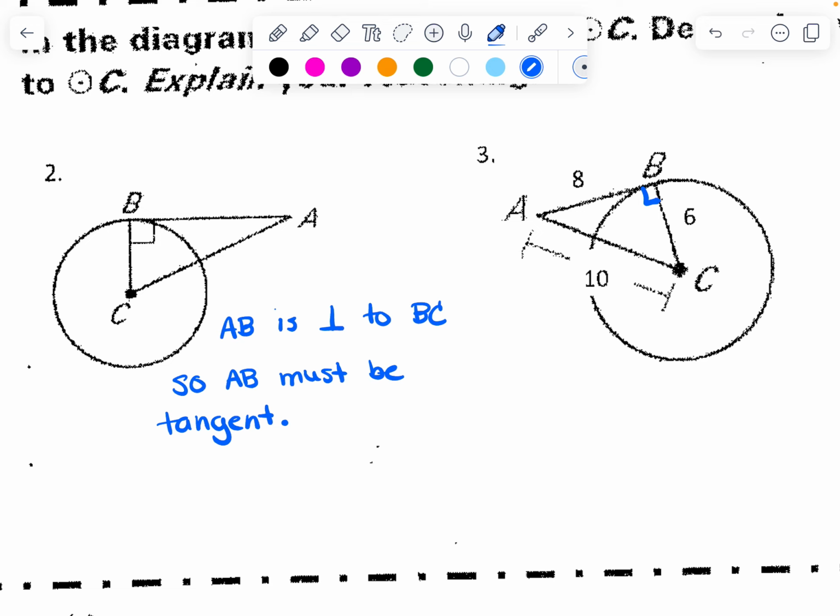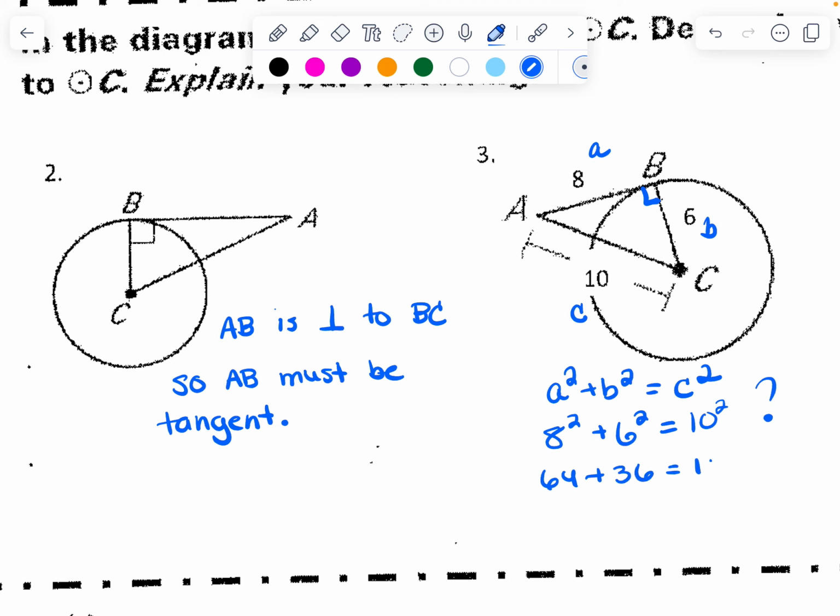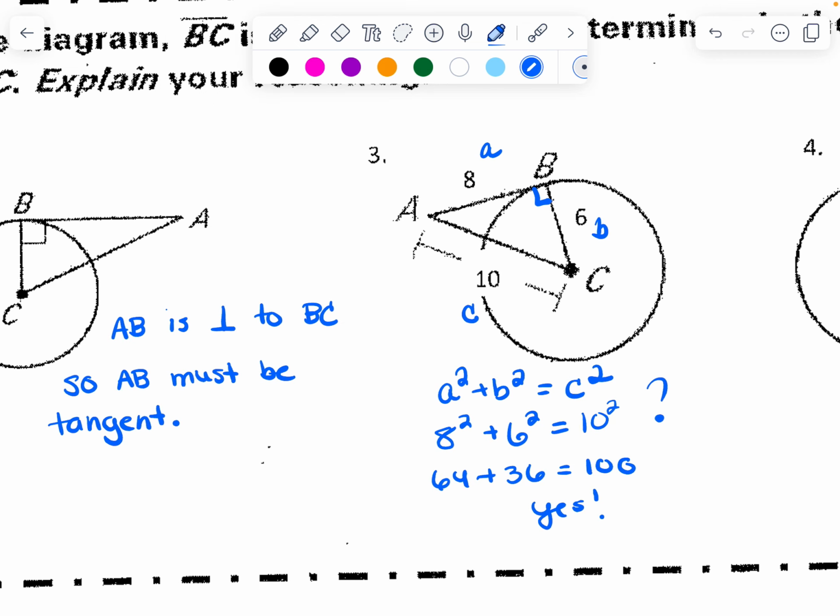Well, since it's a triangle and I know 3 sides, I could use A, B, and C and use the Pythagorean theorem. And I would get a squared plus 6 squared should equal 10 squared if that indeed is a right triangle. And it does. So AB is a tangent of BC because of that right triangle.